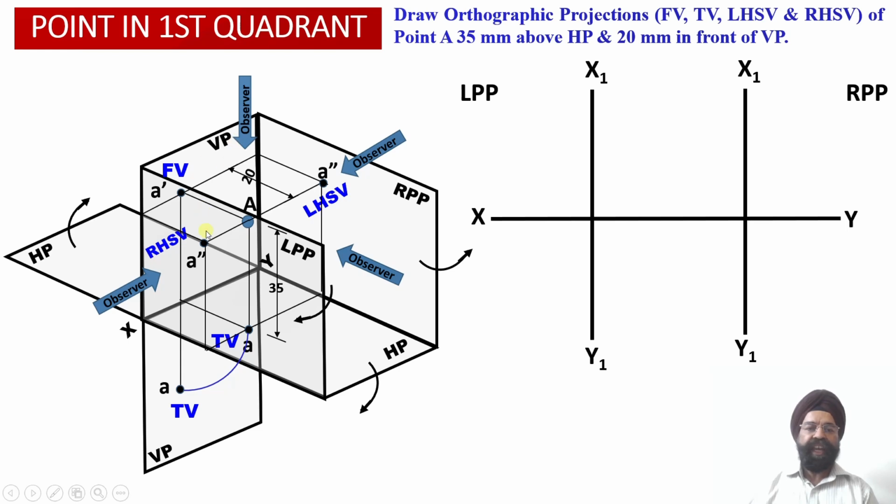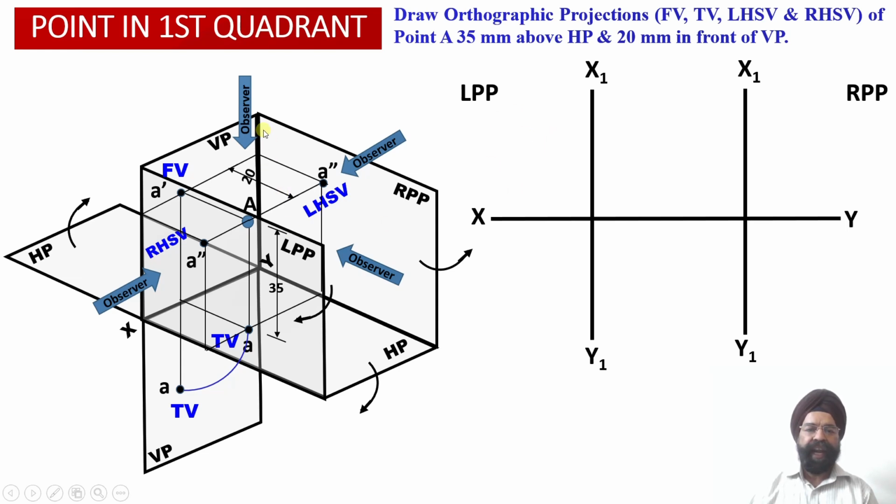This area is the vertical plane located over here, onto which front view projections will be obtained. This area is the horizontal plane, onto which the top view will be obtained. This area is the left side profile plane which has been opened up through this hinge into this orientation, so onto this space we are going to obtain the right hand side view projections.